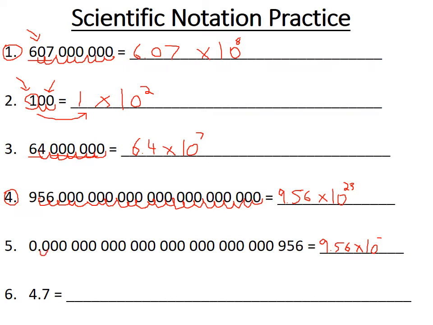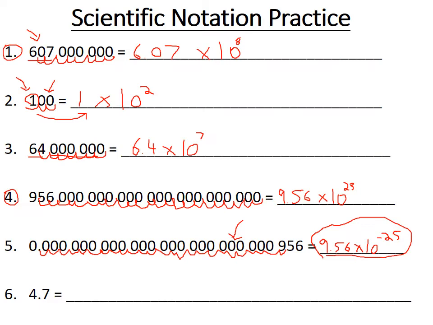Let's start counting. 1, 2, 3, and so on, up to 25. 9.56 times 10 to the power of negative 25. If you put this into the calculator, assuming your calculator could fit that many digits into it, you would see this number here given to you.